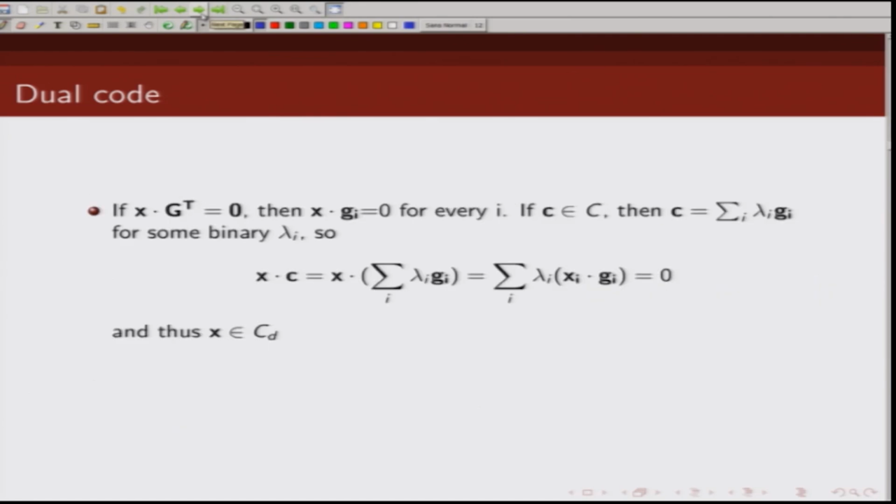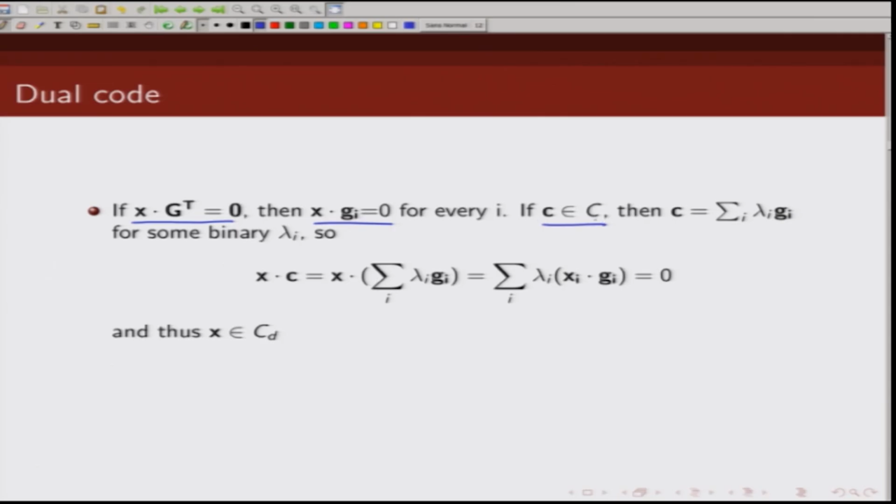Now, if X G transpose is 0, then this condition holds, that the inner product of X with Gi is 0 for i equal to 0 to k minus 1. Now, what is a code word? A code word is obtained by linear combinations of these generators G0, G1, G2, up to Gk minus 1.